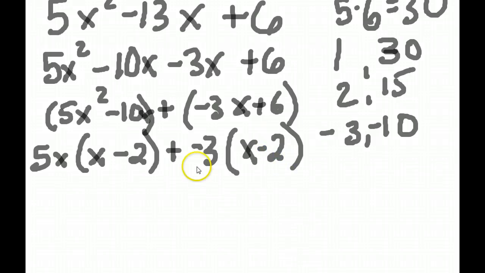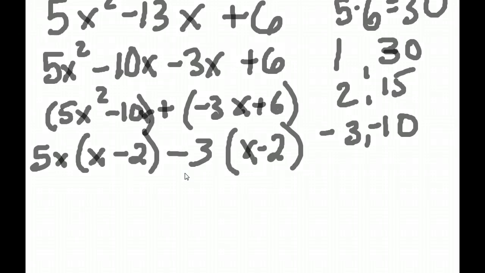That's what we're left inside. And we have a plus minus 3. That's the same thing as just a minus 3. So we're just going to change this to 5x open, x minus 2 close, minus 3 open, x minus 2.